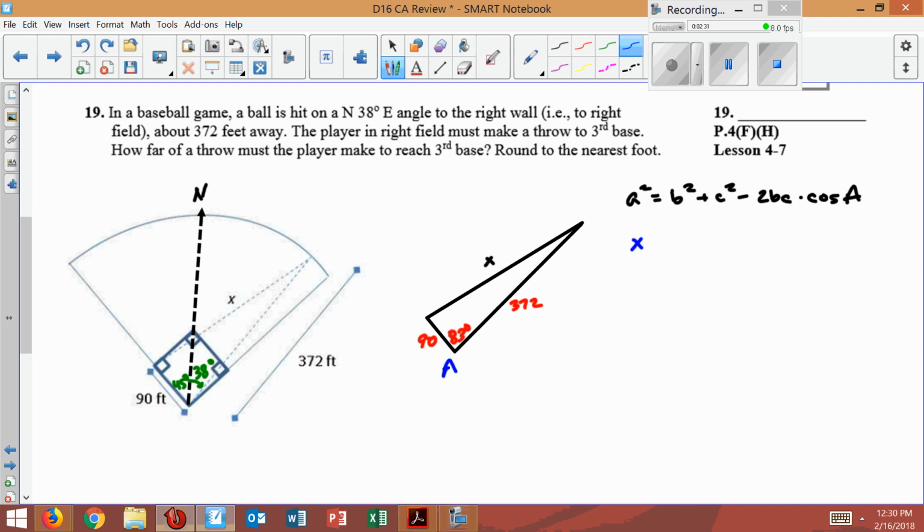So x squared equals 90 squared plus c, which is 372 squared, minus 2 times 90 times 372 times the cosine of 83 degrees. To solve this, all I need to do is take the square root of both sides. Usually we say plus or minus, but since this is distance, it's going to be positive.